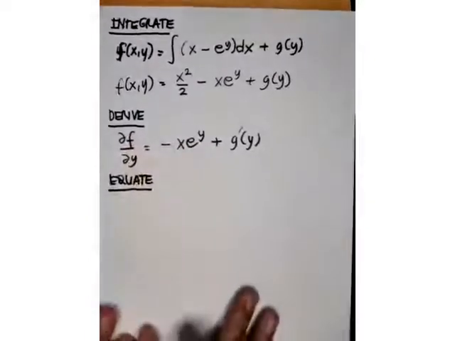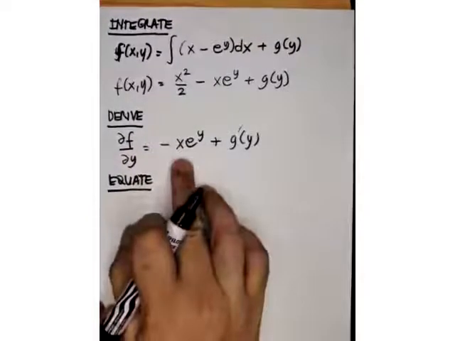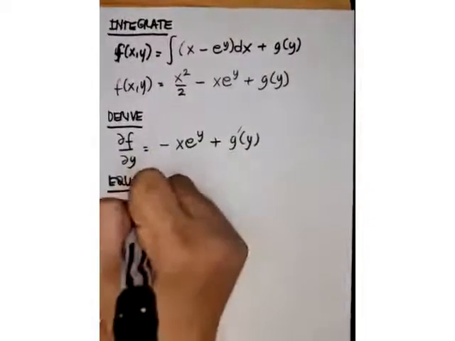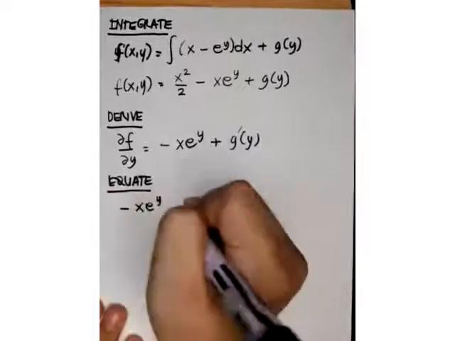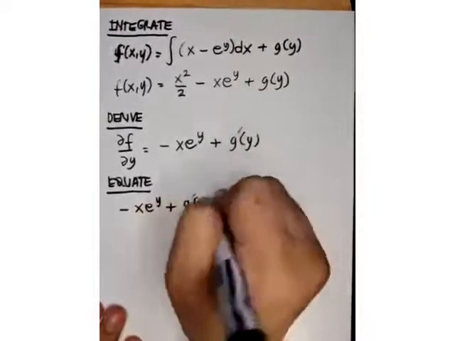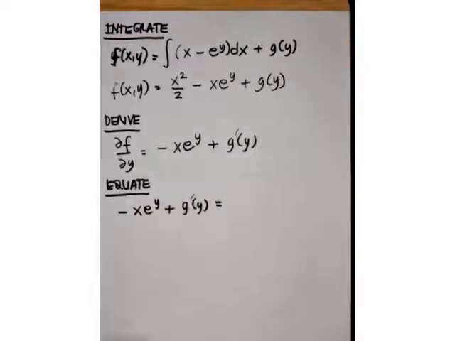Okay, g of y prime. Next, after we got the differential, let's equate this to the other term na hindi natin sinelect, which is N. So equate natin siya sa N. Ano ba yung value ng N natin?